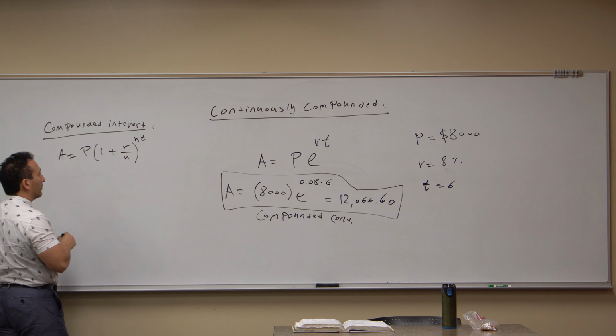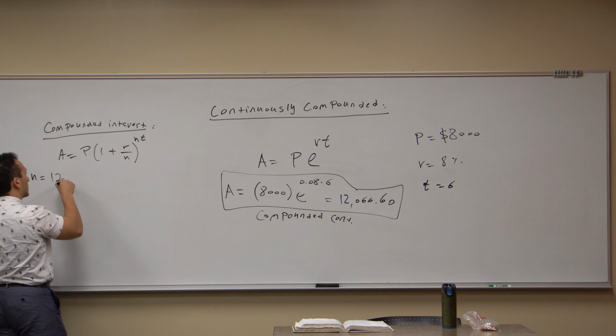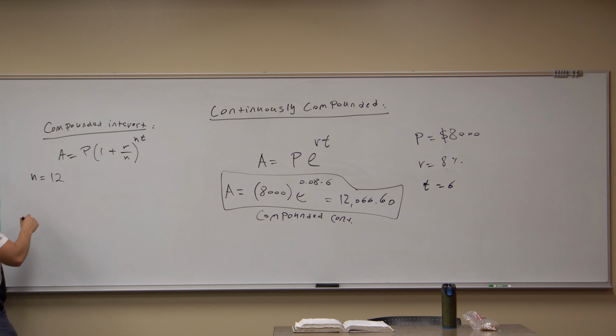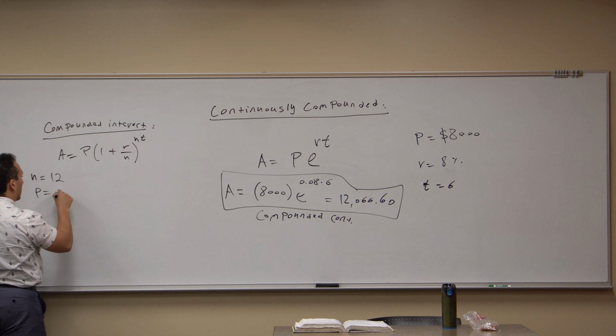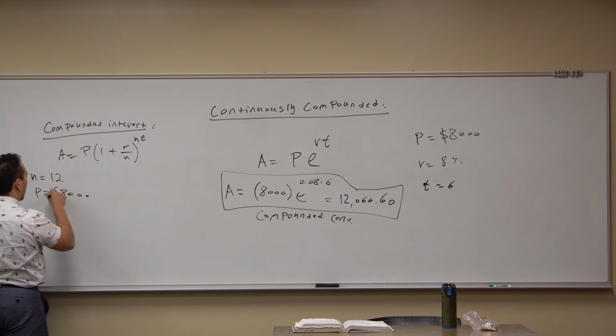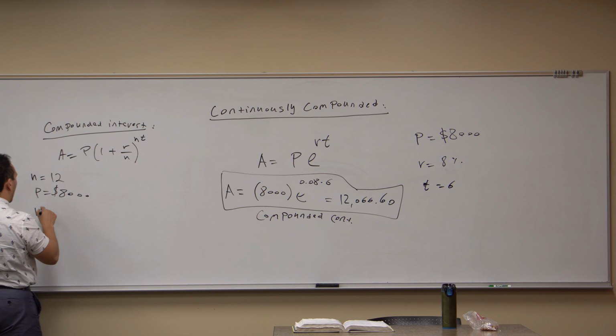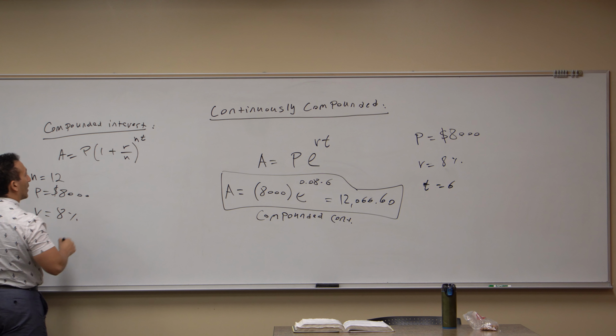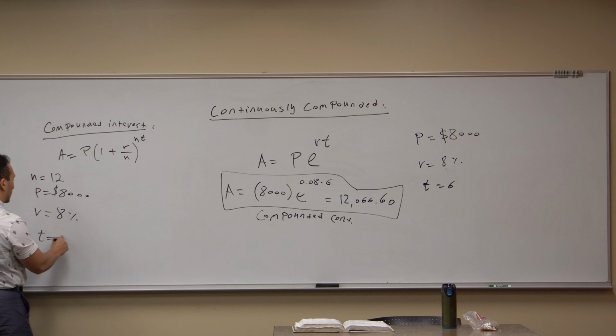And last problem, we had compounded monthly, so n was 12. Next, we had the principal amount the same, $8,000, and then the rate R was at 8%, and our time was 6 years again.